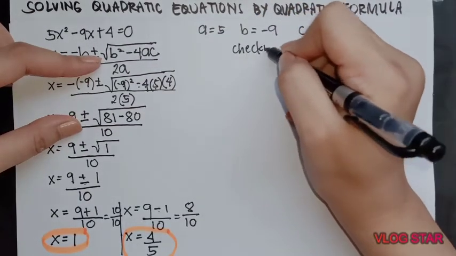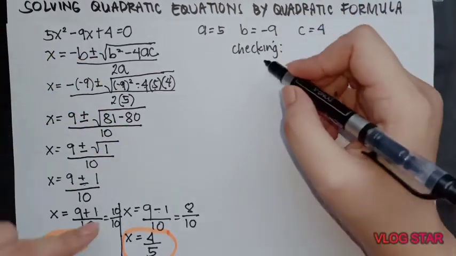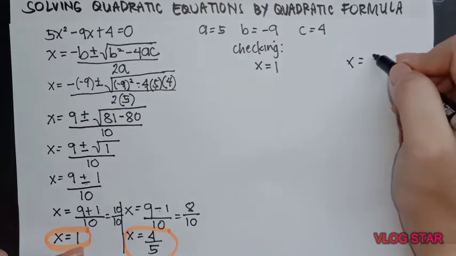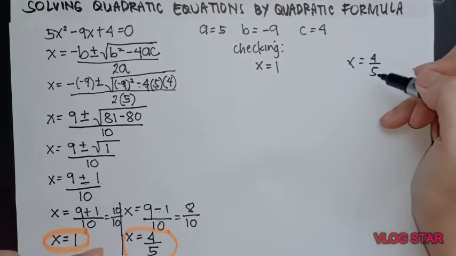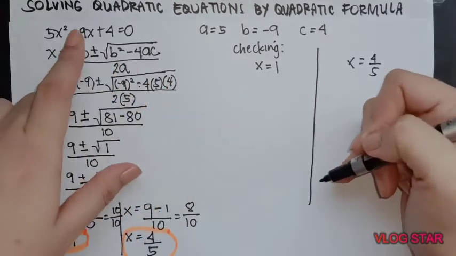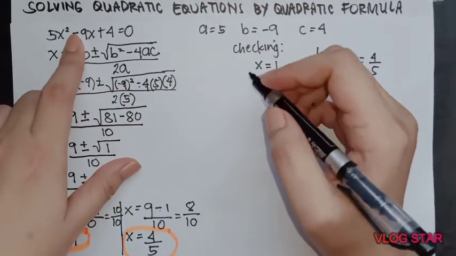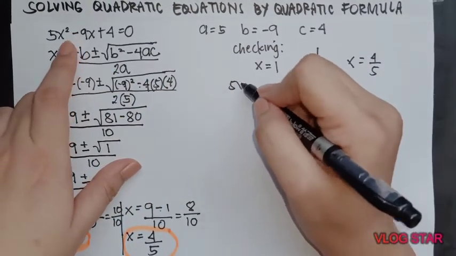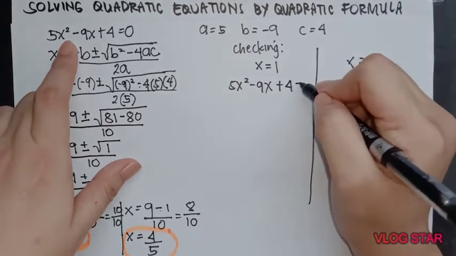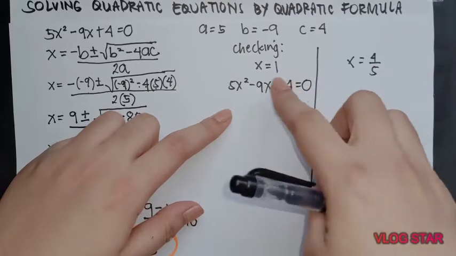So let us have now the checking. Let us check if x equals 1 and x equals 4/5 are the solutions to the equation. So copy the original equation. So we have now 5x squared minus 9x plus 4 equals 0.